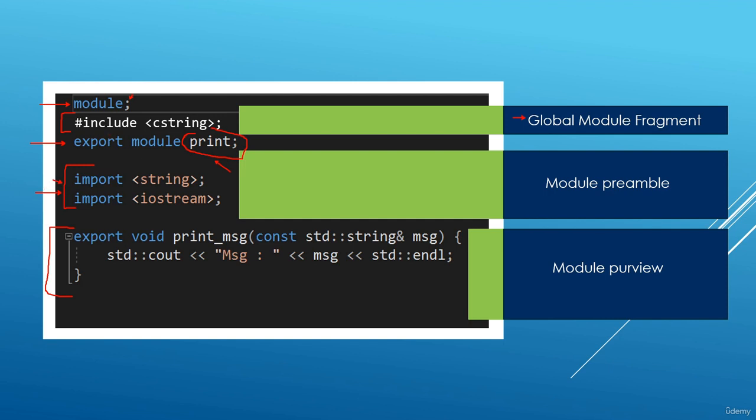But now what I want you to focus on is the three parts that make up your module file: a global module fragment, the module preamble, and the module purview. Inside the global module fragment, you will have your includes or any other preprocessor macros. In the preamble, you have your import statements, and the module purview is what makes up the meat of your module.